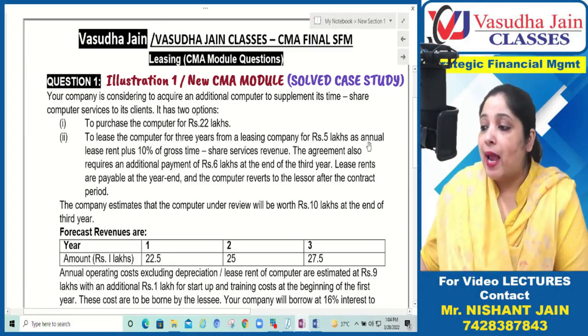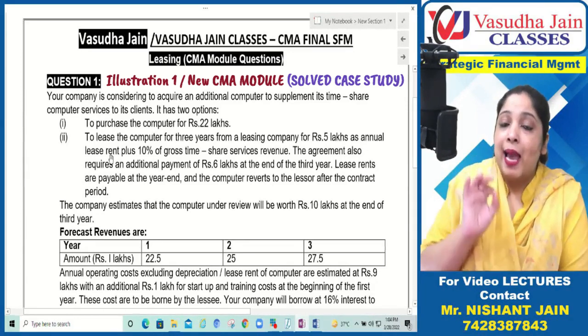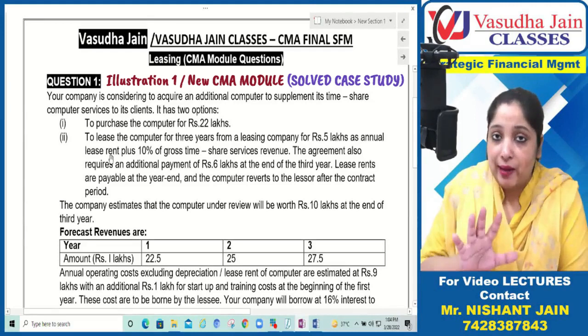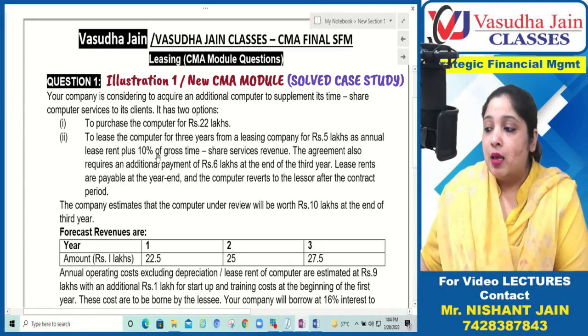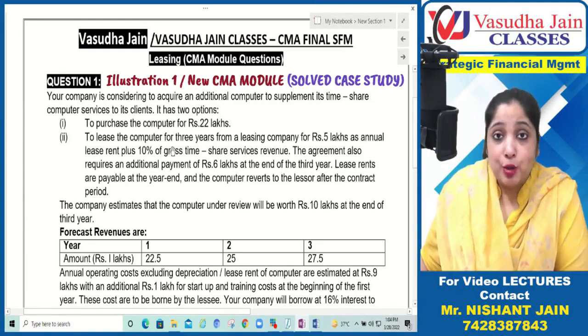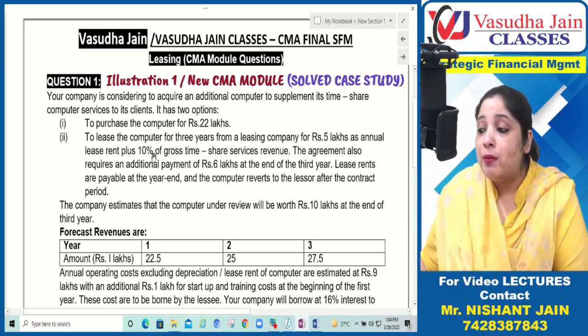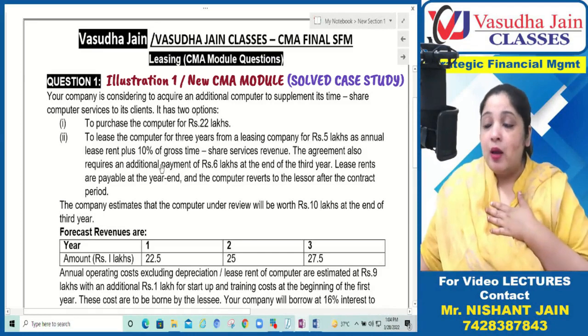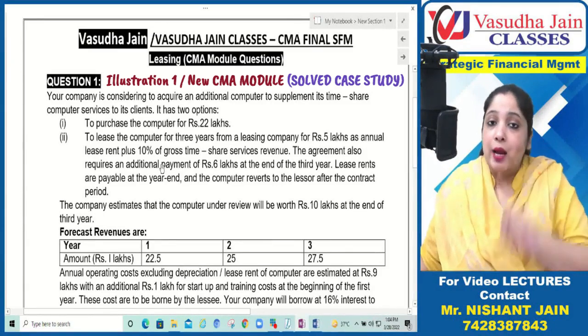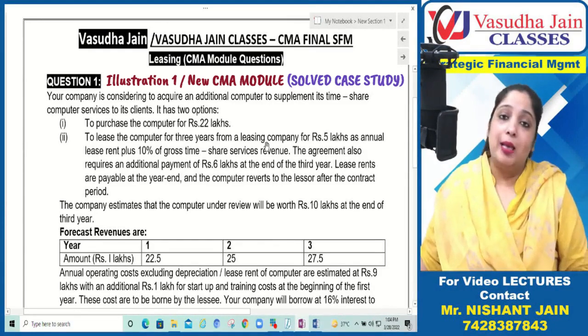The annual lease rent is 5 lakh, so we have to make an annual lease rent payment of 5 lakh per annum, plus 10% of gross timeshare service revenue. Whatever our revenue will be, 10% of that revenue is also to be paid to the leasing company.